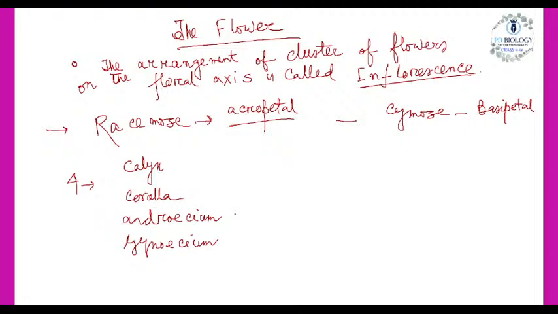So calyx and corolla are the accessory organs, and androecium and gynoecium are the reproductive organs.